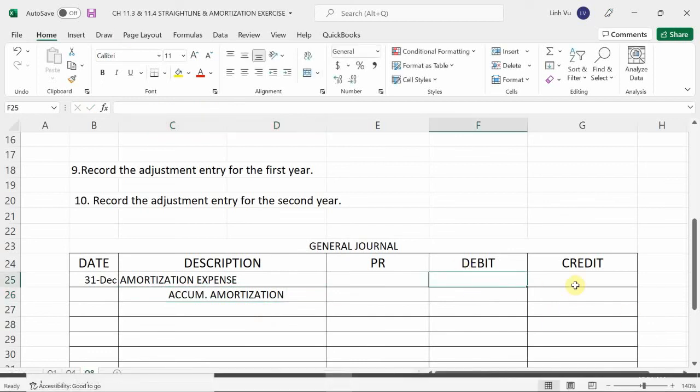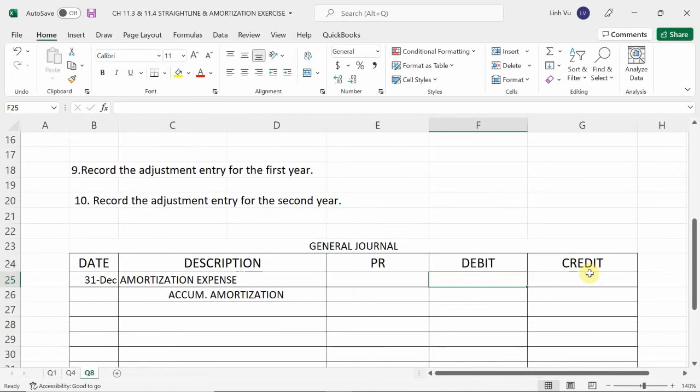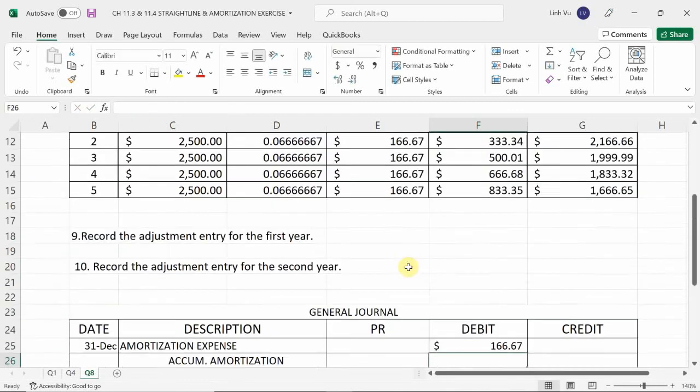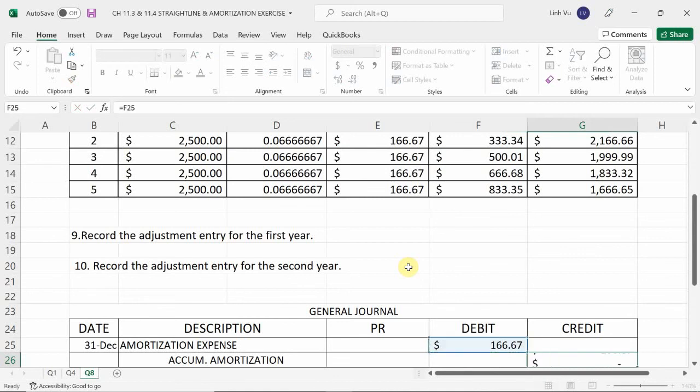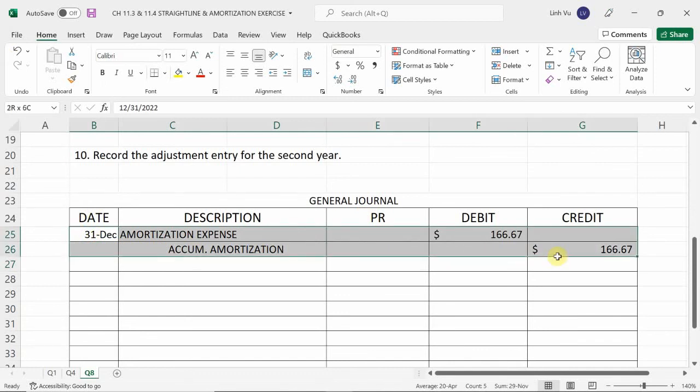Okay? So how much did you amortize for the first year? First year expense 166.67. Good. And what about the second year? Second year it was the same. Good.